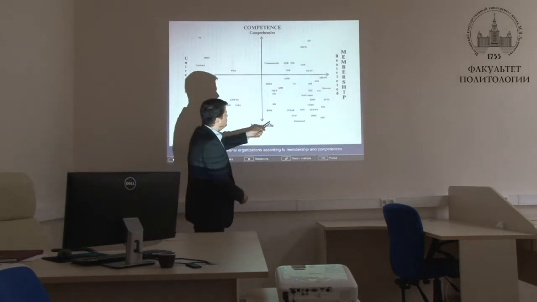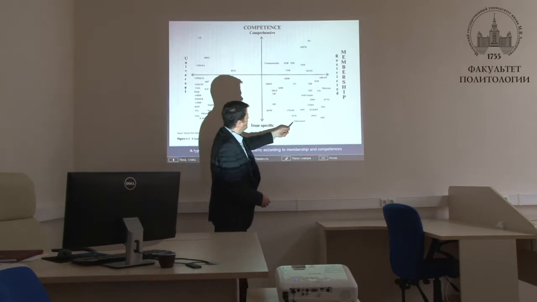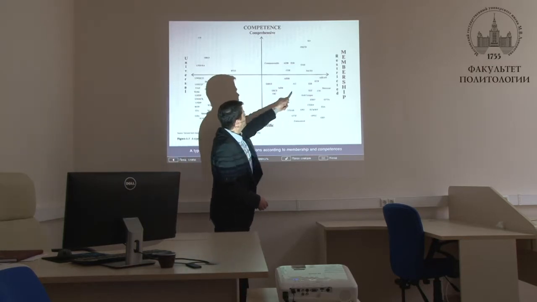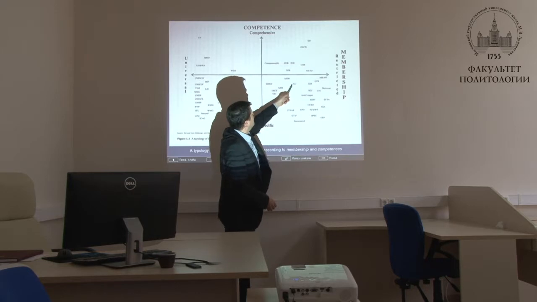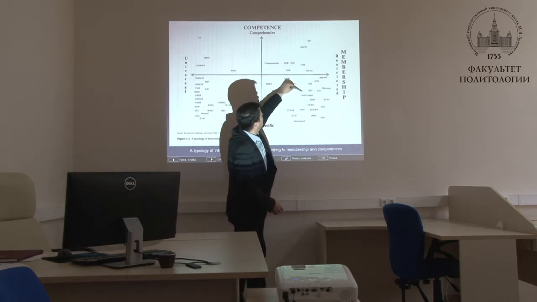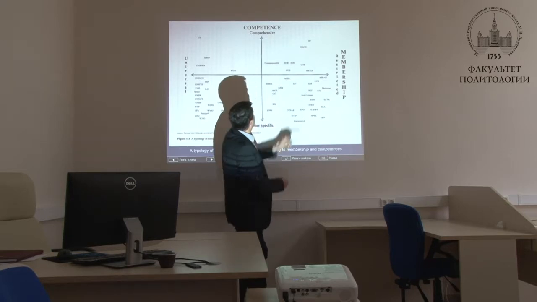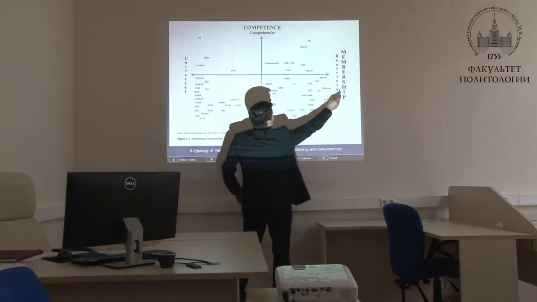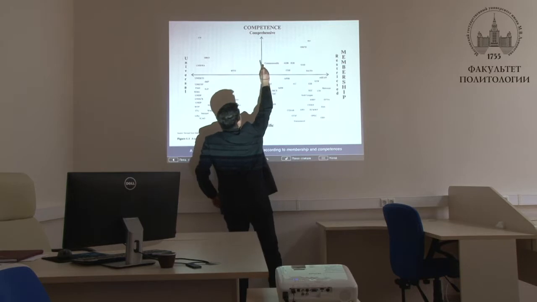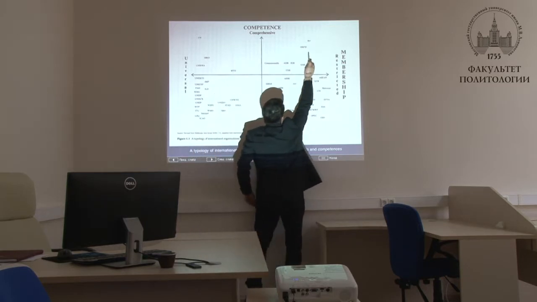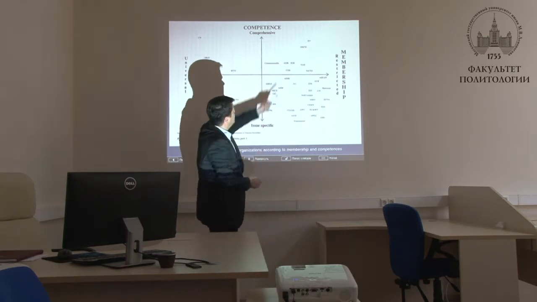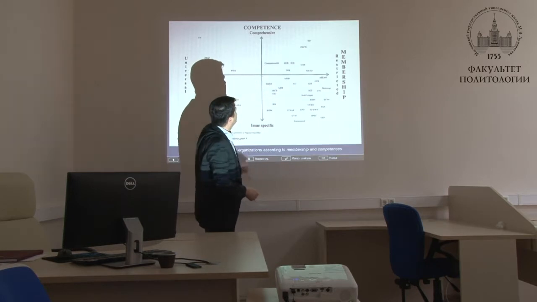You have the issue-specific organization but with restricted membership, such as the African Union here. Well, probably NATO should be better placed here, having restricted membership and just restricted competences. But you also have, as I've said, restricted membership but comprehensive competences up here on the right, the European Union, the OECD, and so on.